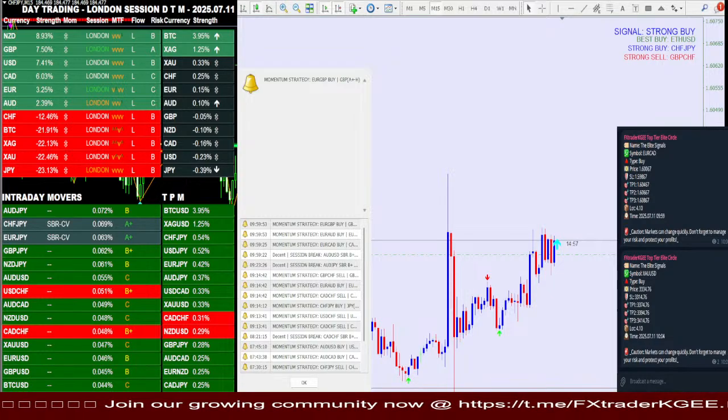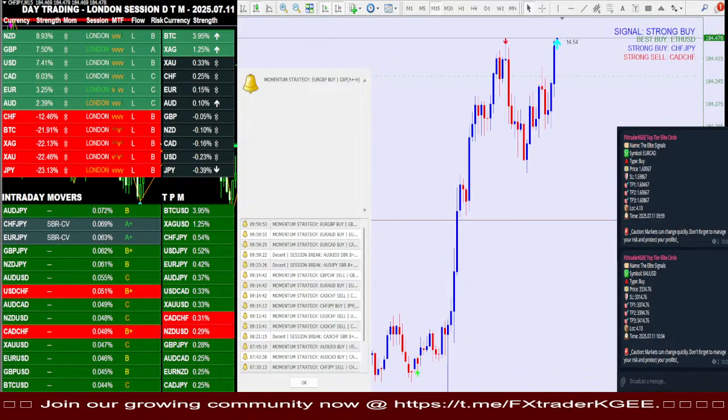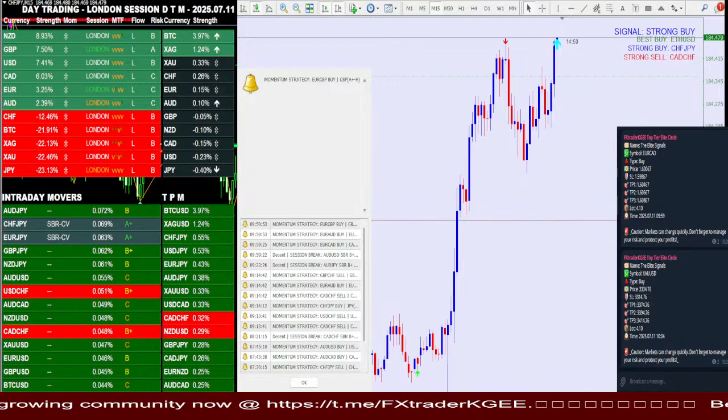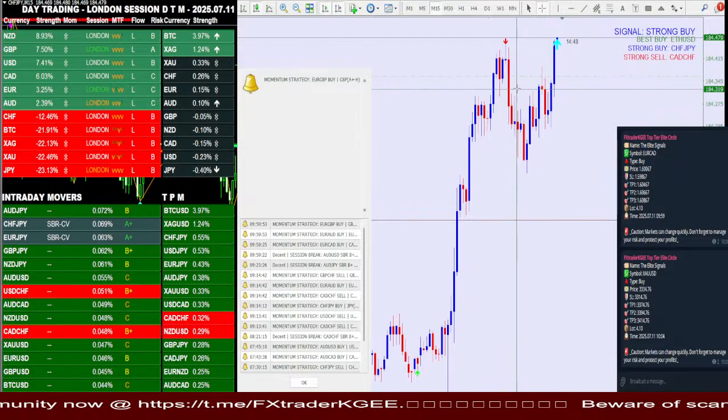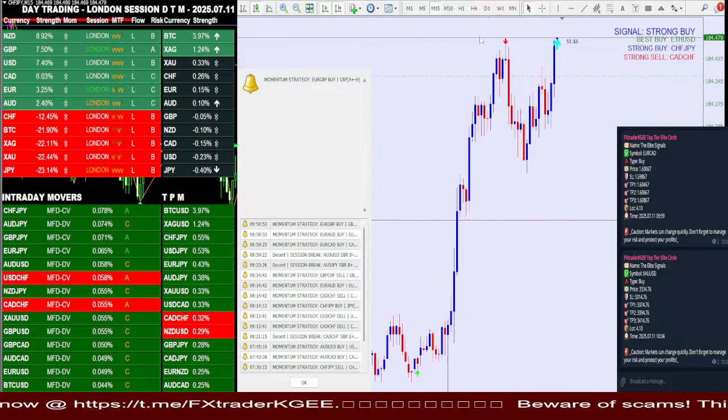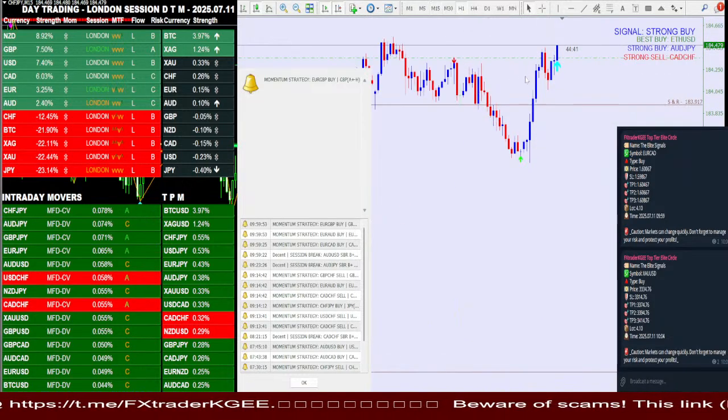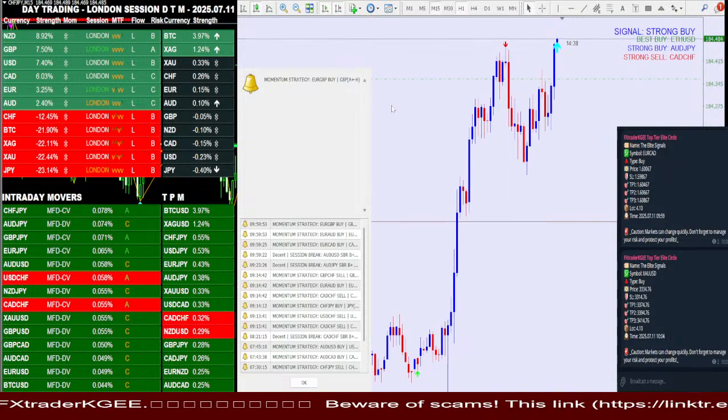Now, out of the five or six trades we have for this morning, CHFJPY, which is an already established bullish trade or momentum, is on the upside, into profit.